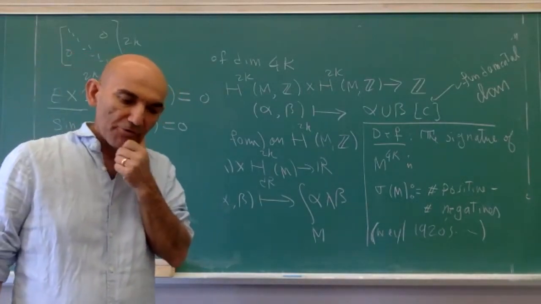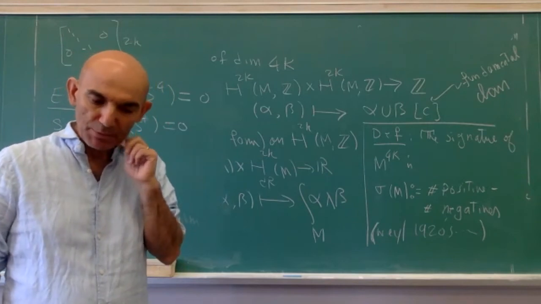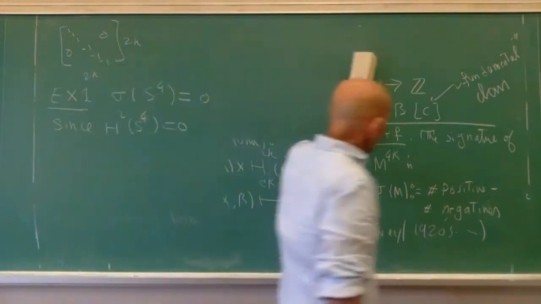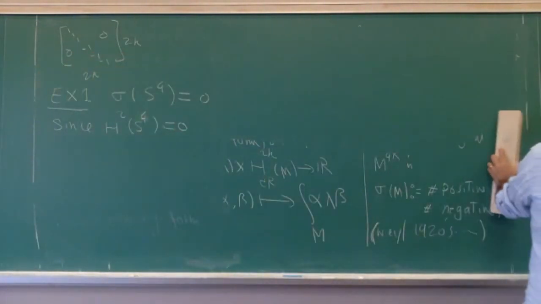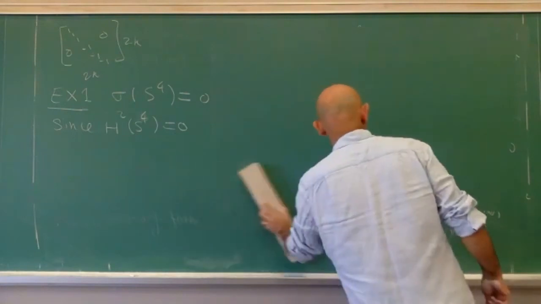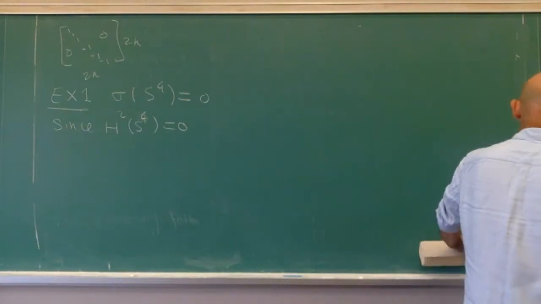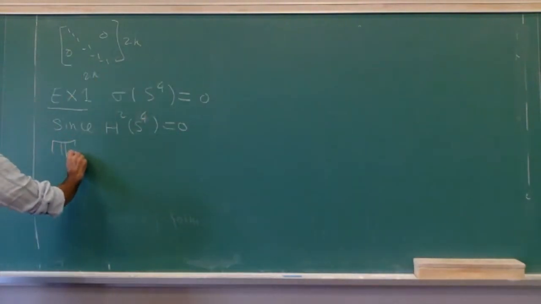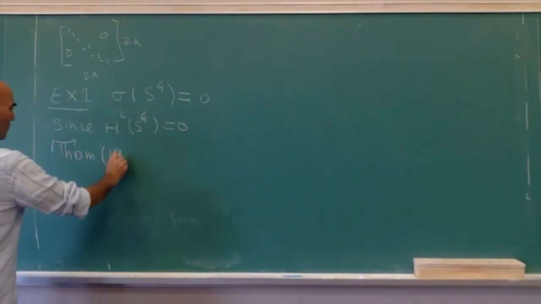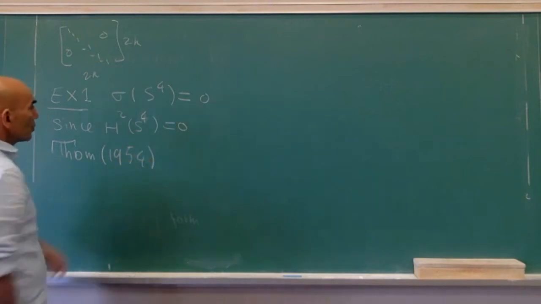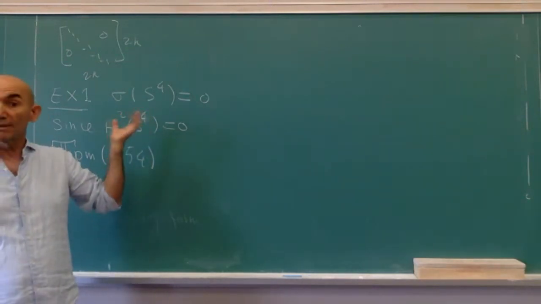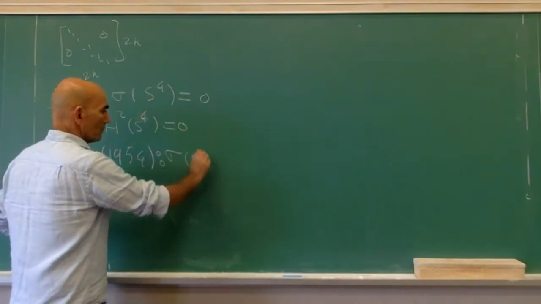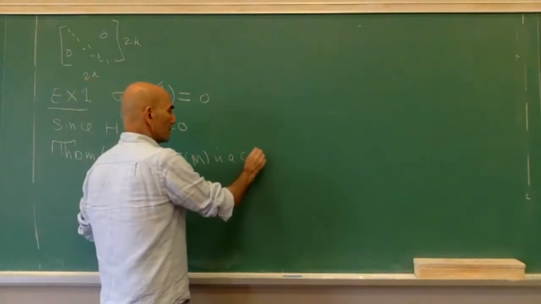It's also 0 for another reason, which is a much deeper reason. Let me mention this second reason, which is due to Thom. René Thom showed, I believe in 1954, that the signature is actually a cobordism invariant.